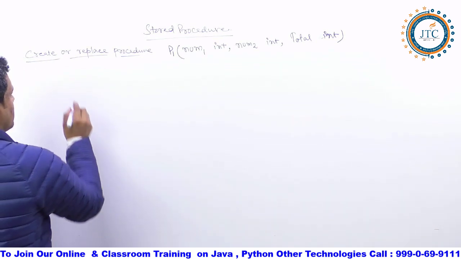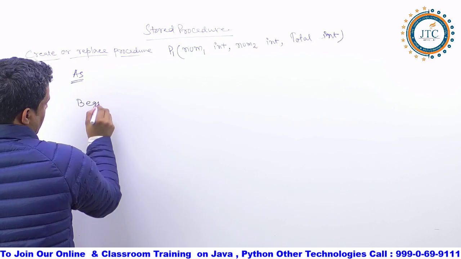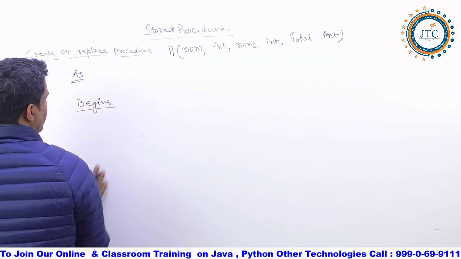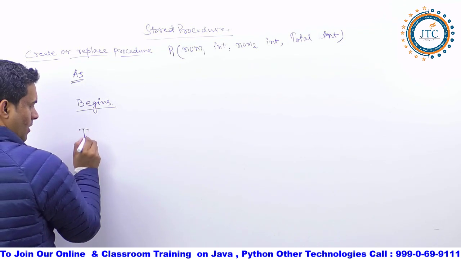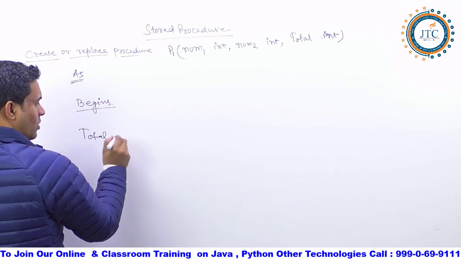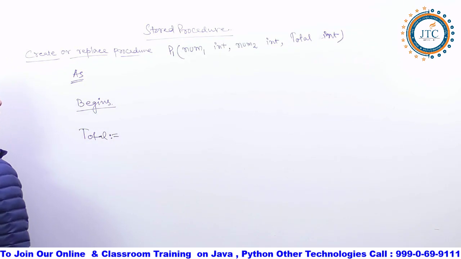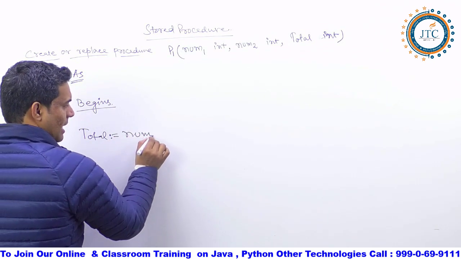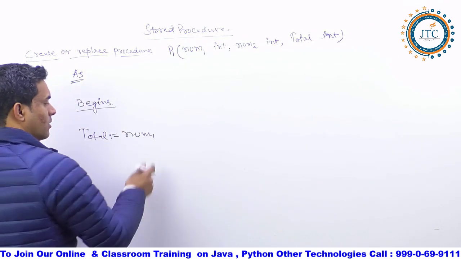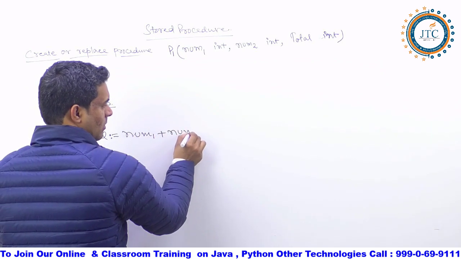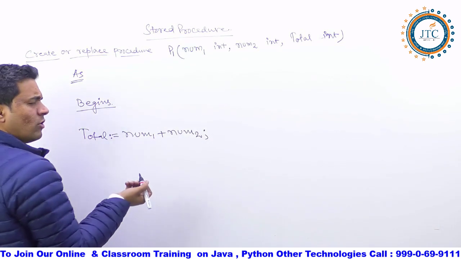Suppose I am writing BEGIN, and after writing the begin here, total is equal to num1 plus num2, and then you want to print it.